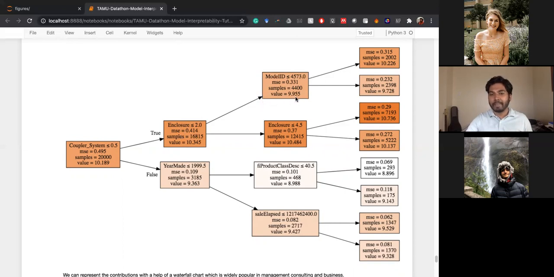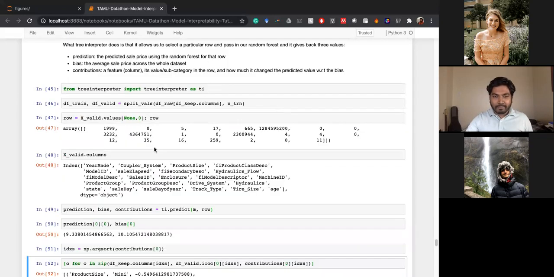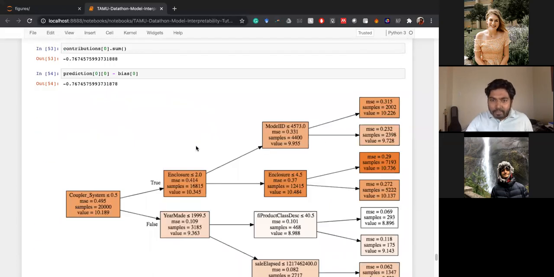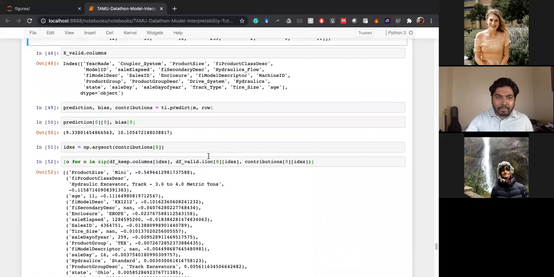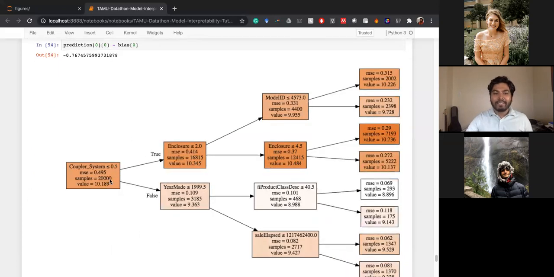our value becomes 9.955. So if you look at the example that we had, I think this was the model ID, which is 665. And I think the enclosure was 0.5 or something. And this is one sample tree.